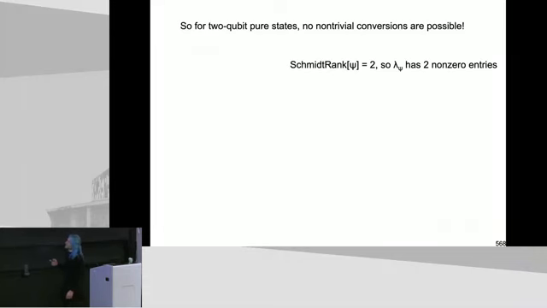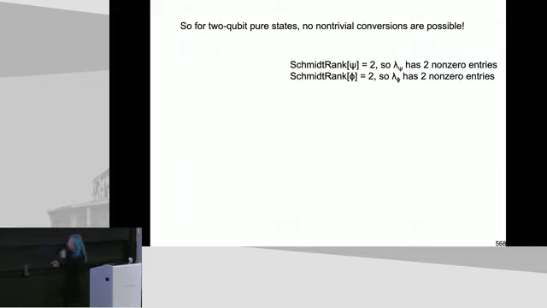Think about the number of non-zero Schmidt coefficients in a bipartite 2-qubit entangled state. At most, there are 2 non-zero terms, right? It's like lambda_1 |00> plus lambda_2 |11>. If it's an entangled state, then there are exactly 2 non-zero Schmidt coefficients.